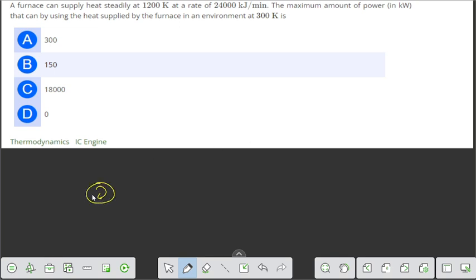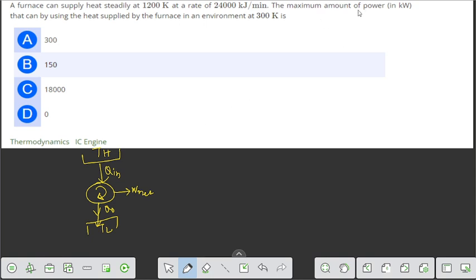This is clockwise, and this produces some W net by taking some heat input Q in from a hot reservoir TH and rejecting to sink temperature TL with Q out.